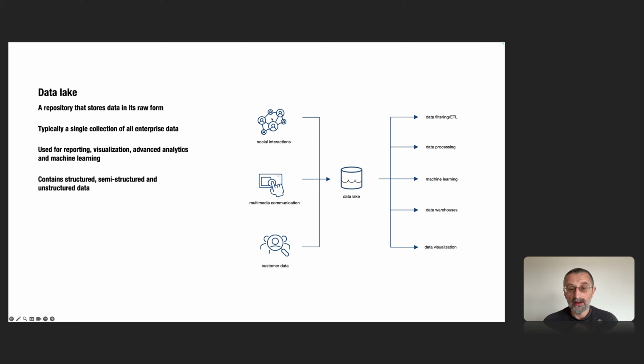So we might have different sources of data like social interactions, multimedia communication, and customer data, and we put everything together in its raw format to be processed later by the next elements in your data pipeline, like filtering, ETL pipelines, data processing, machine learning, data warehouses, and data visualization. This is typically a single collection of all enterprise data used for reporting, visualization, advanced analytics, and machine learning. It contains structured, semi-structured, and unstructured data.